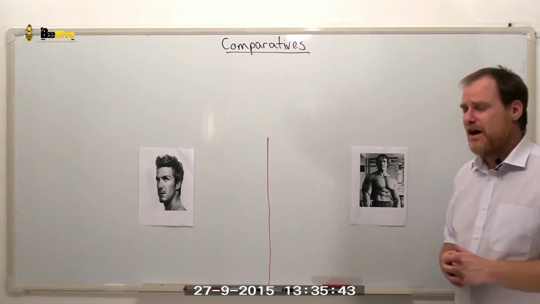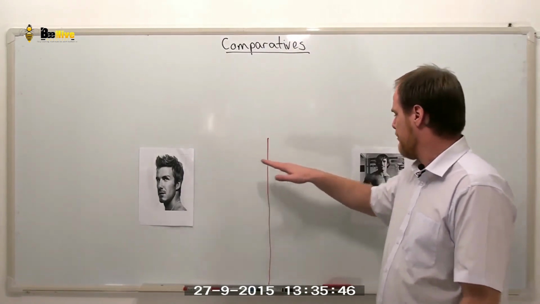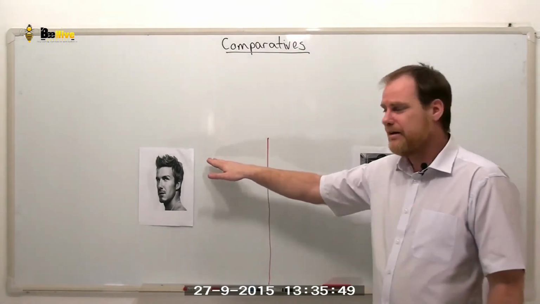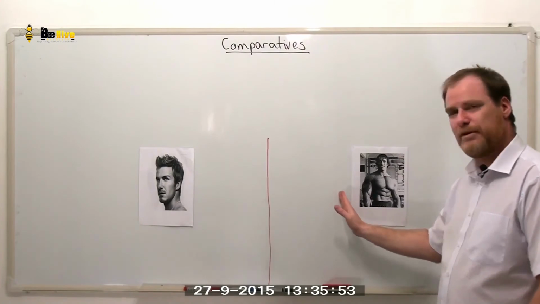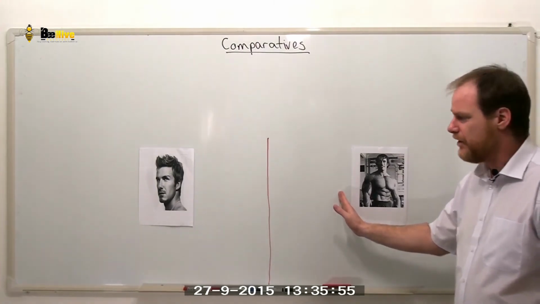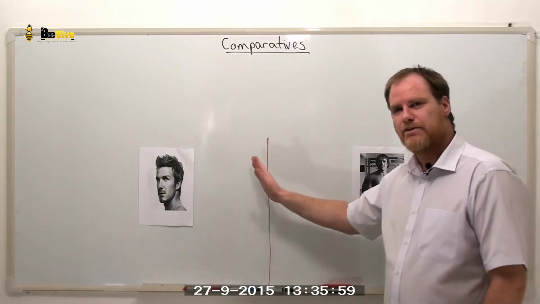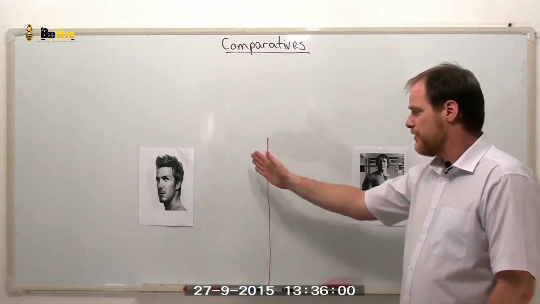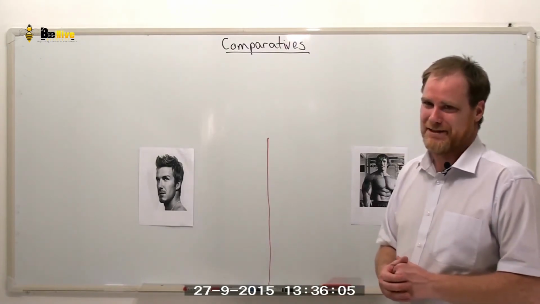Okay, so what I'm going to do is I'm going to write some information up about each of them, okay? So here's our split. On this side will be David, and on this side will be Arnold, okay? So then what we're going to do is we're going to look at making some sentences to compare that information between the two. Now, I'm just going to make up this information, okay?